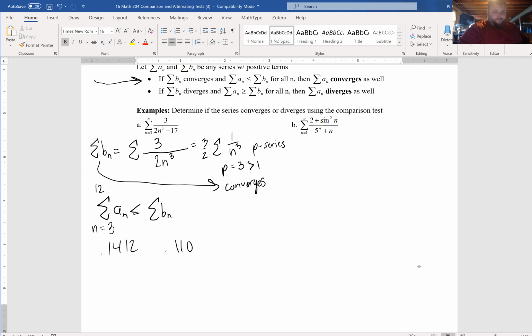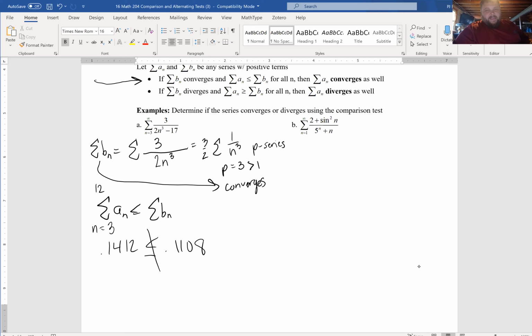0.1408 if you round up. That is not less than or equal to. So I only got one of the two criteria, right? I got B sub n converged, and I got that the A sub n sum was greater than the B sub n sum.